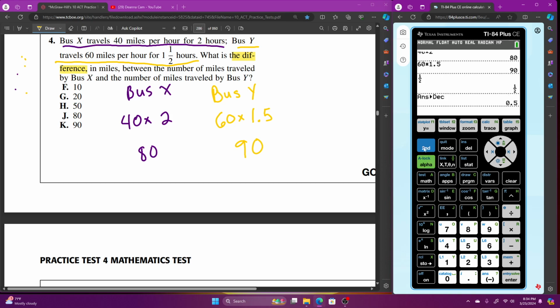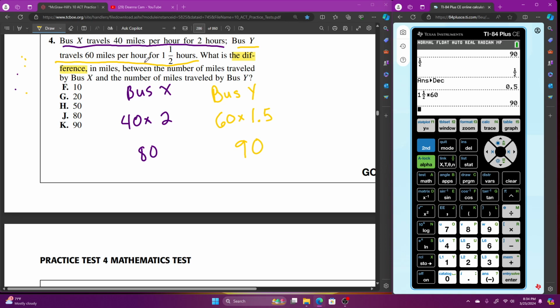Or if you go alpha F1 option 2, you can put in your whole entire mixed number, 1 and 1/2 times 60. And we still get 90. I just want to make sure that you're familiar with how to put this in the calculator.